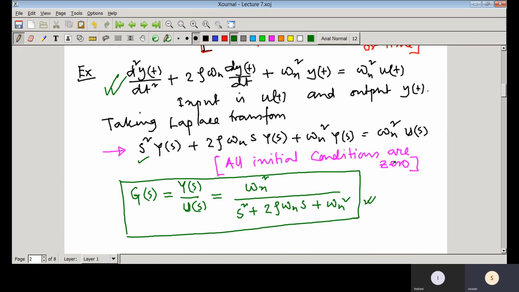So this is actually the model of this particular system in transfer function form.